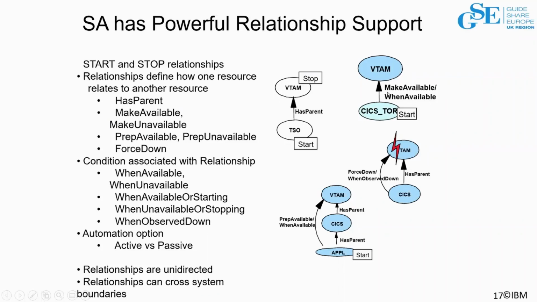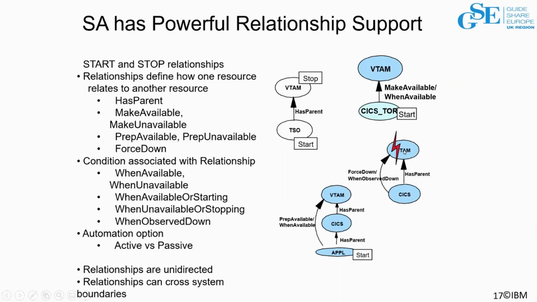So here we've got MakeAvailable as a relationship, and then WhenAvailable is the condition. What that's telling you is that the CICS resource will be started when VTAM is available. So VTAM makes CICS available when it is available.